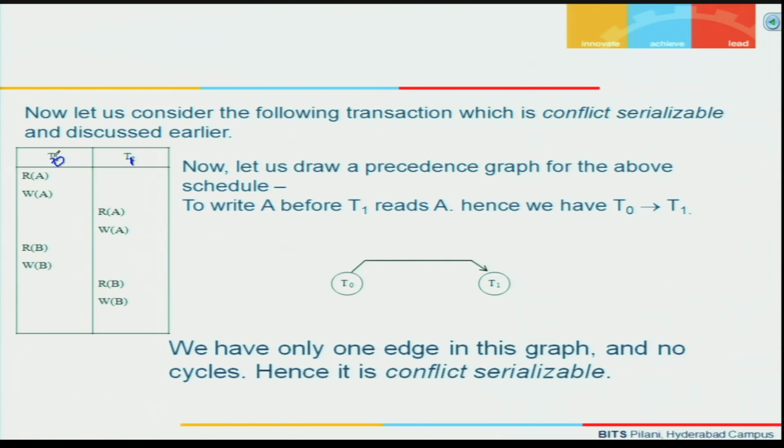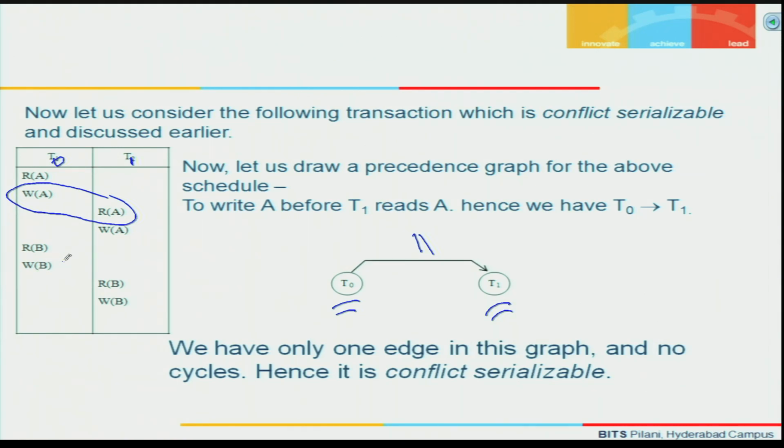First schedule is T0 and second one is T1, hence I have T0 as one node and T1 as another node. Now can I draw an edge from T0 to T1? By considering this pair of operations where T0 writes data item A before T1 reads the data item A, hence I can introduce an edge from T0 to T1, there is no problem.